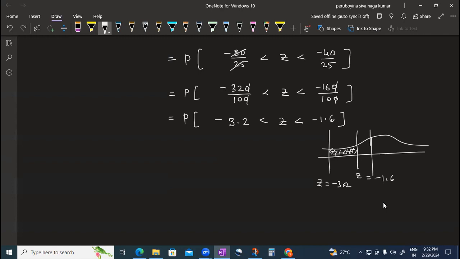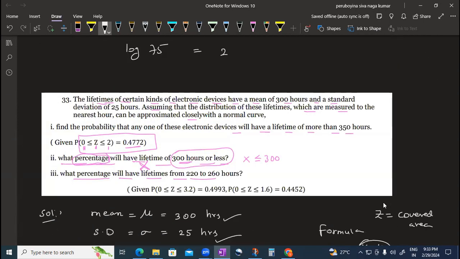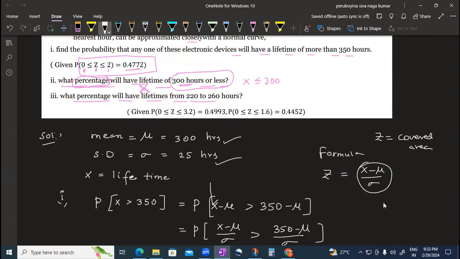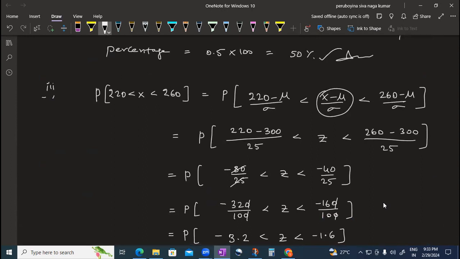And we will check the values. The values are from 0 to 3.2. The value is 0.4993. 0 to 1.6 is 0.4452. We will substitute the values.